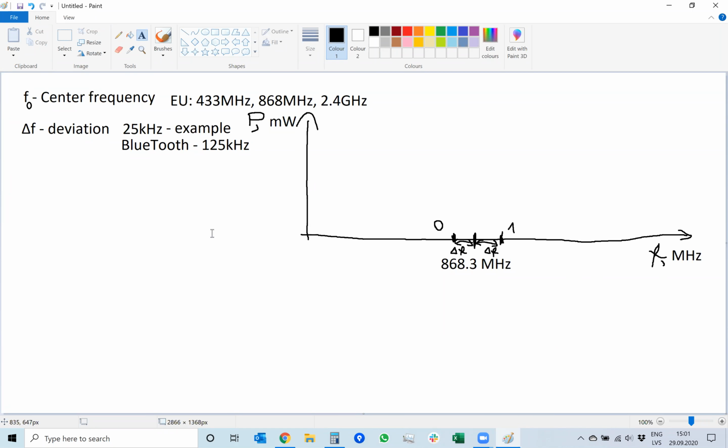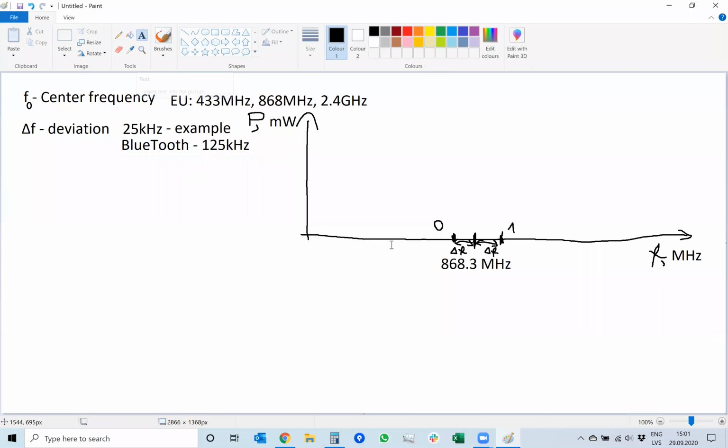So Bluetooth version, I think 2 and 3, has this 125 kilohertz, and the newest versions, I think, are using a different modulation, but it has similar properties.